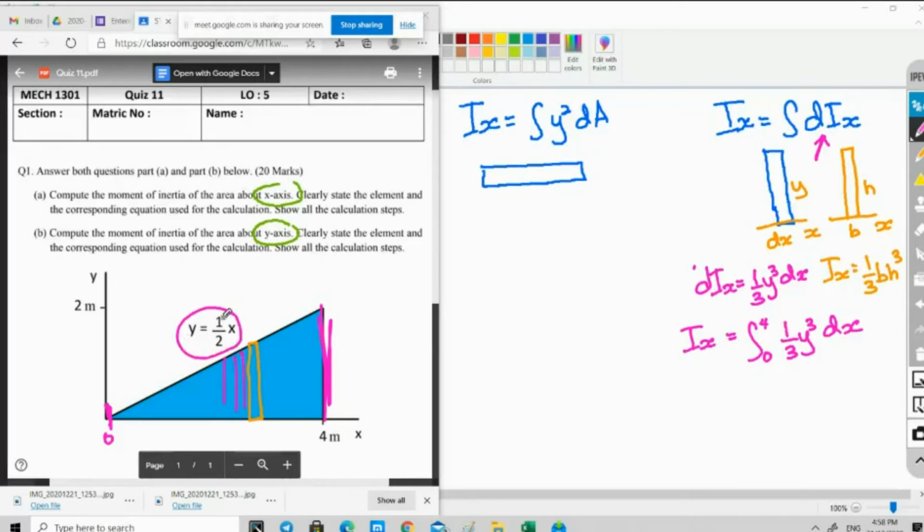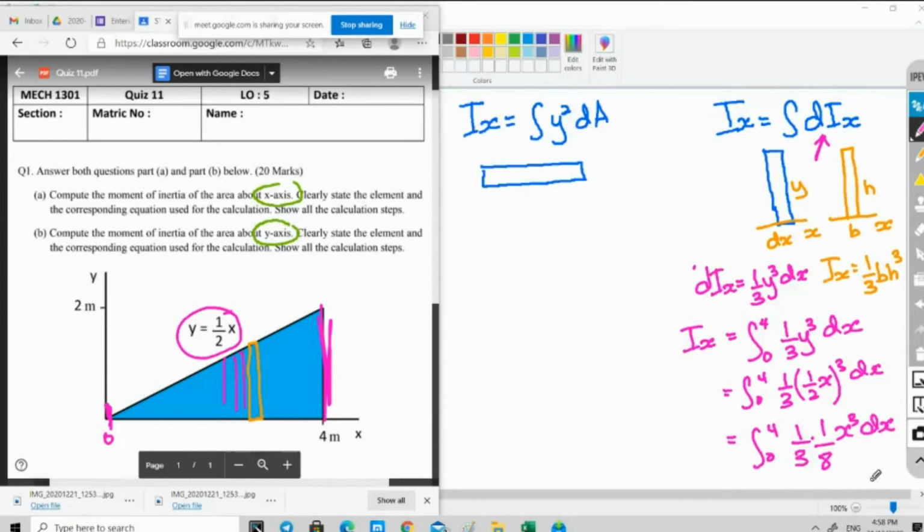Using this one here, y equals 1 over 2 x, right? So if you plug inside here, from 0 to 4, 1 over 3, you have 1 over 2 x, and then the whole thing cubed. So 1 over 2 to the power of 3 becomes 1 over 8, right? 2, 4, 8. And then you have x cubed there, dx.